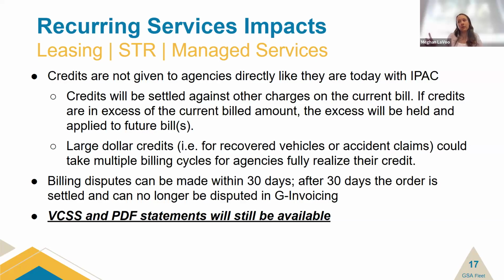To get to those details, you have to look at your receipt and see, oh, I bought bread, I bought bananas, I bought whatever. VCSS is like your receipt. It's all of those line item level details for your charges. That G-invoicing transaction is going to be that summary of your charges. And you can expect probably about the same number of G-invoicing transactions as you have IPAC transactions today. It should be relatively similar.